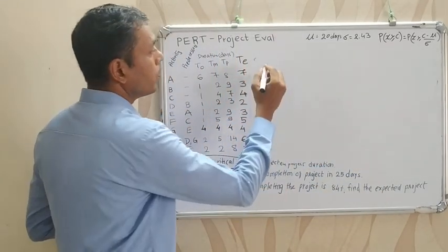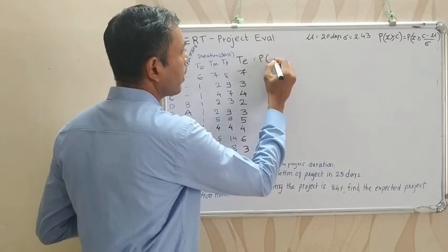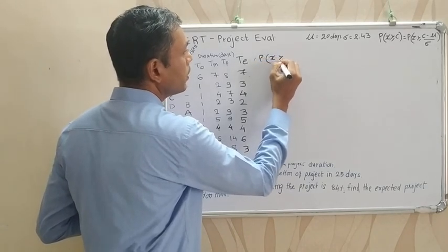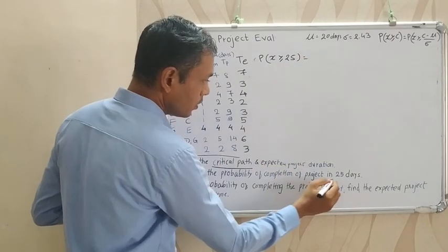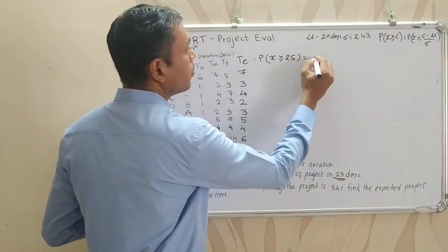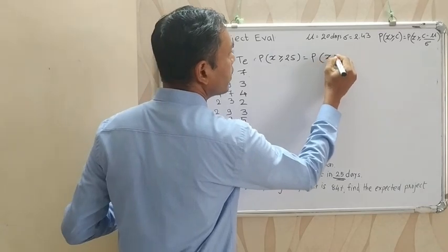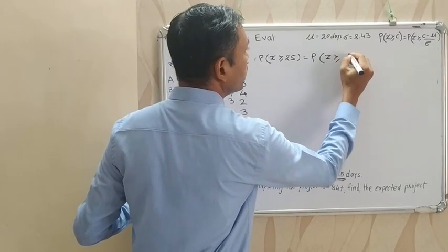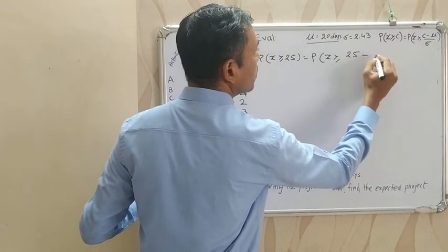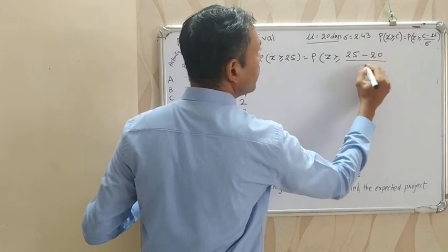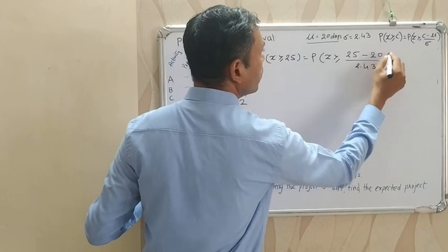So we know that the probability of x greater than or equal to 25 days is the probability of z greater than or equal to c, that is 25 minus mu, that is 20 days, divided by sigma, 2.43.